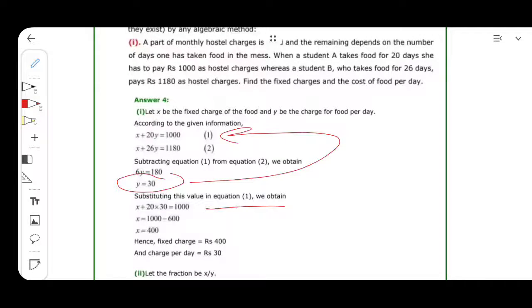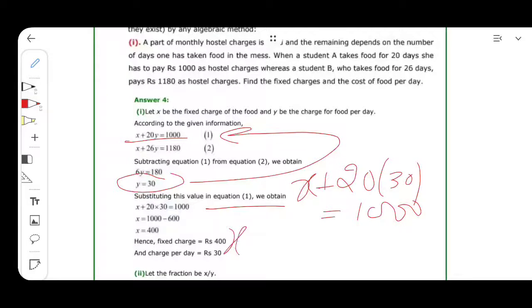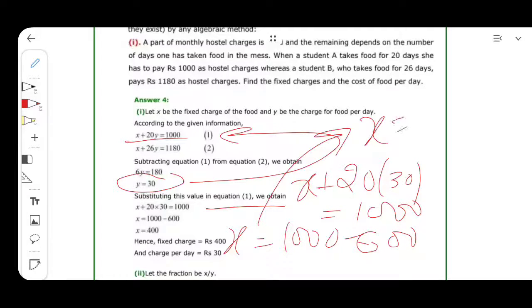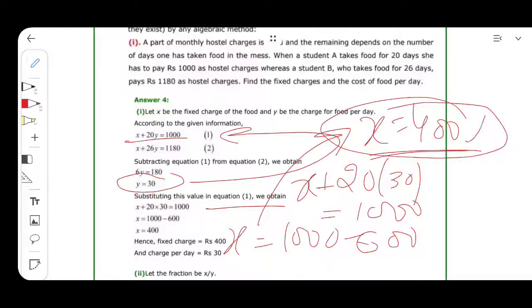So the calculation for this part is x plus 20 into y, y is 30 rupees, equals 1000, or x equals 1000 minus 600. So we can say the value of x would be 400 rupees.